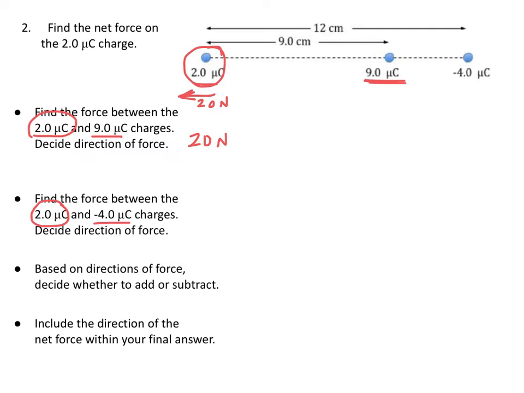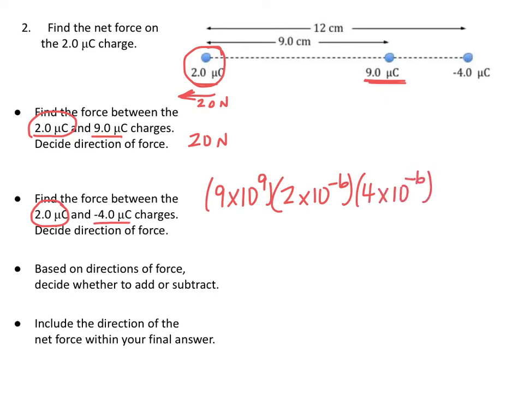Let's go through and do that calculation, again using Coulomb's law. I'm not going to write it again since I wrote it on my previous slide. We would take 9 times 10 to the 9th, and we would multiply it by 2 times 10 to the negative 6th, again converting those microcoulombs to coulombs, and then 4 times 10 to the negative 6. Notice I'm not putting in the negative sign for the negative 4.